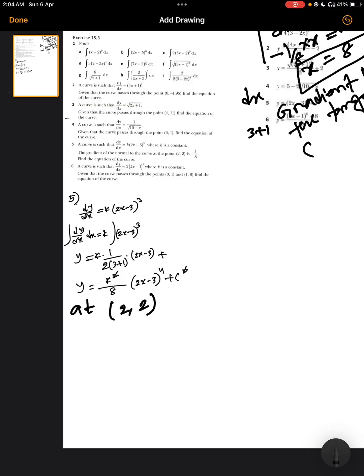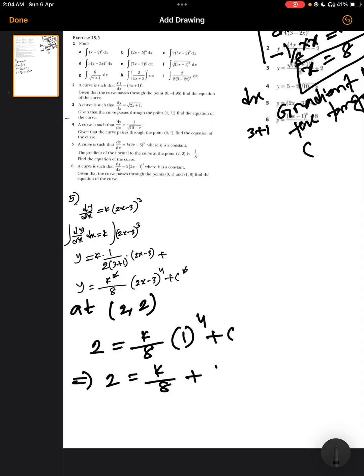At 2 comma 2 here. So y value is 2, k by 8, x value is 2 times 2, 4 minus 3, which is 1, 1 to the power 4, plus c. So which is 2 equals k by 8 plus c. That means here 16 is equal to k plus 8c. This is the equation. Okay, this is the equation.